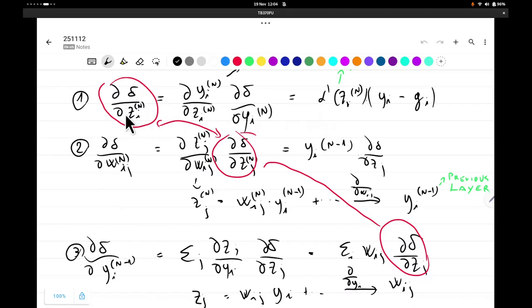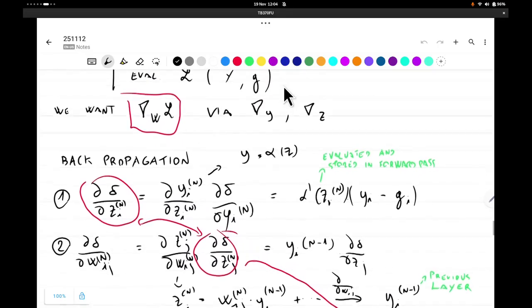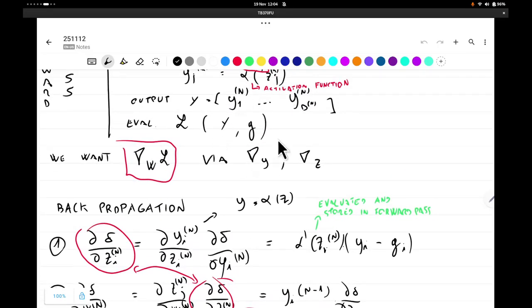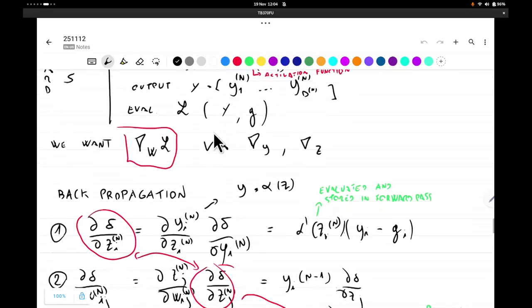Okay, so for this derivative with respect to the z's, we insert the derivative with respect to the y's using Leibniz notation, and then we recognize that this part is what we know, because it is our discrepancy with respect to the ground truth as a function of the change of the outputs.